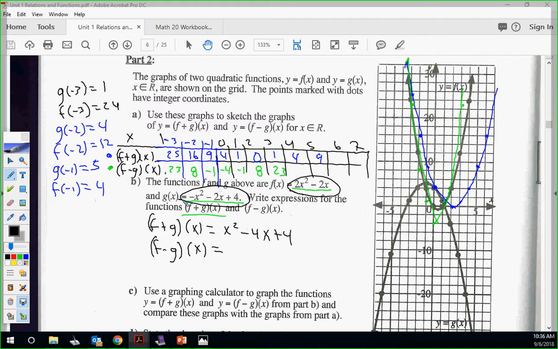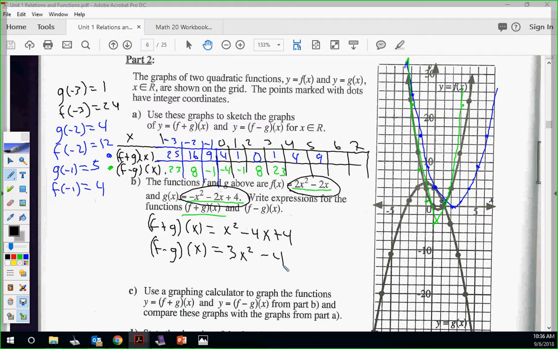So it's 2x squared minus a negative x squared, so that means plus. So it's going to be 3x squared. Negative 2x minus a negative 2x means plus, so they cancel. Then we have a 0 constant minus 4, so it's a minus 4. So that's your f minus g function.